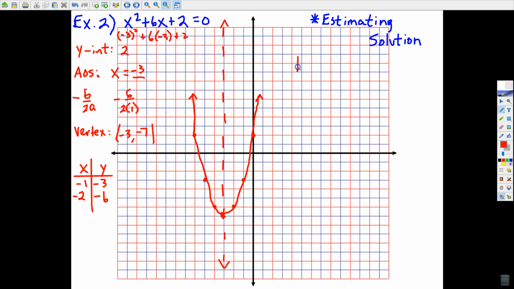So we're going to say between, this is x is negative 5 and negative 6. Okay, we're just going to say in between these two integers. And then over here, this x value is between 0 and negative 1.